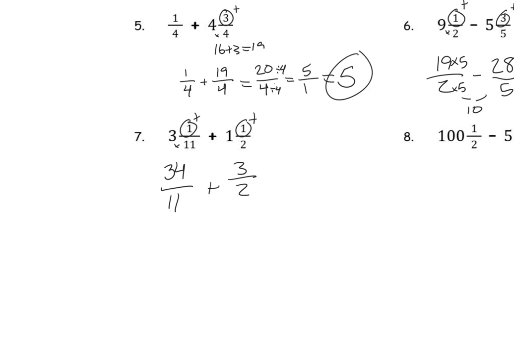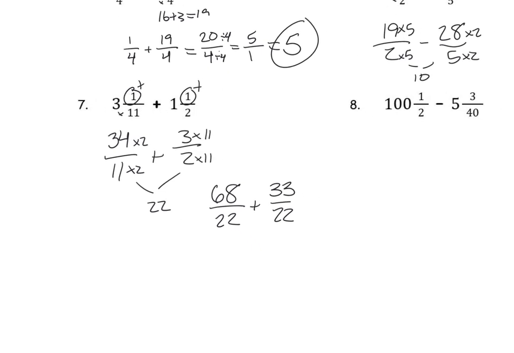Can't do anything yet, so we're going to have to change these to 22, which is what I get when I multiply them together. This side we're multiplying by 2. 34 times 2 is 68. This side we're multiplying by 11. Okay, I know the bottom's 22. Top's going to be 33. We're adding.